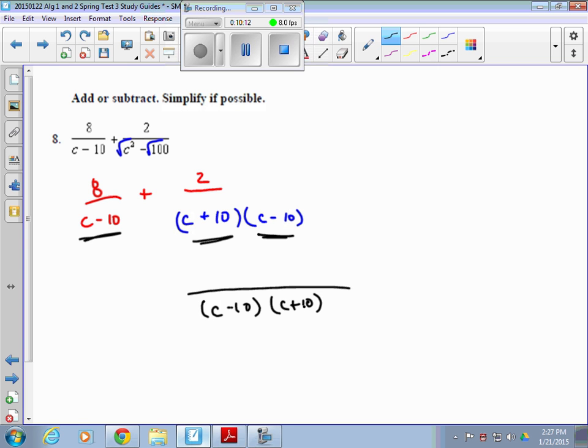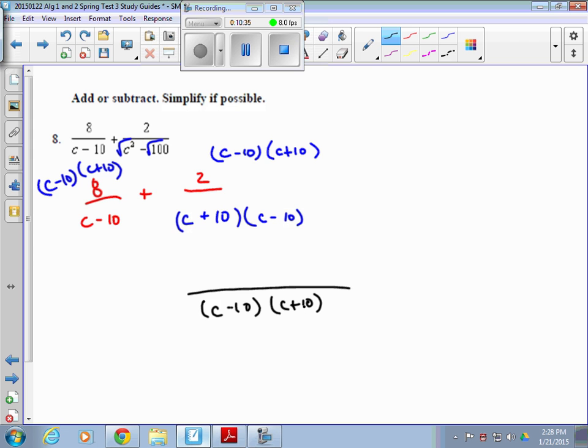From there, you want to take that denominator and try to eliminate everything you can, just like when we try to eliminate fractions. So multiply the first fraction times c minus 10 times c plus 10, and multiply the second fraction times c minus 10, c plus 10.